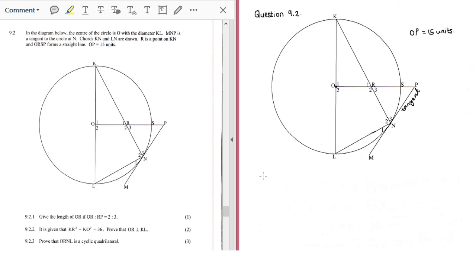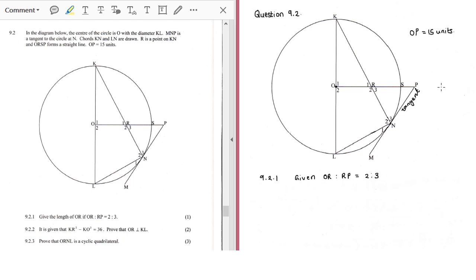Question 9.2.1 says, give the length of OR if OR to RP is 2:3. So we are given that OR to RP is equal to 2:3.